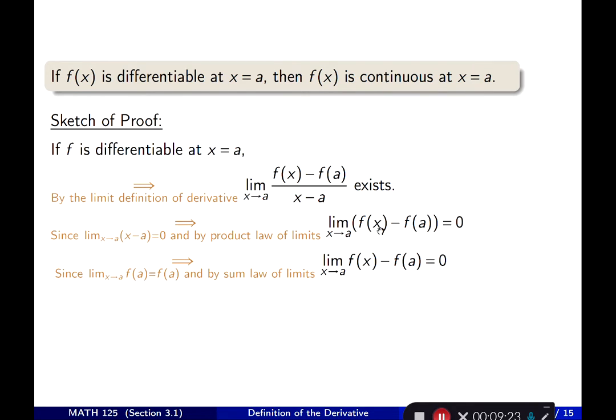So when you use that sum and difference limit law, you will have the limit of the first one minus the limit of the constant, but the limit of the constant is the constant itself, and that's f of a. Now add f of a to both sides, and you get the limit of f of x as x approaches a is equal to f of a. And that was the proof. You just started with this limit existing and arrived at this limit existing, and that was the proof of it.